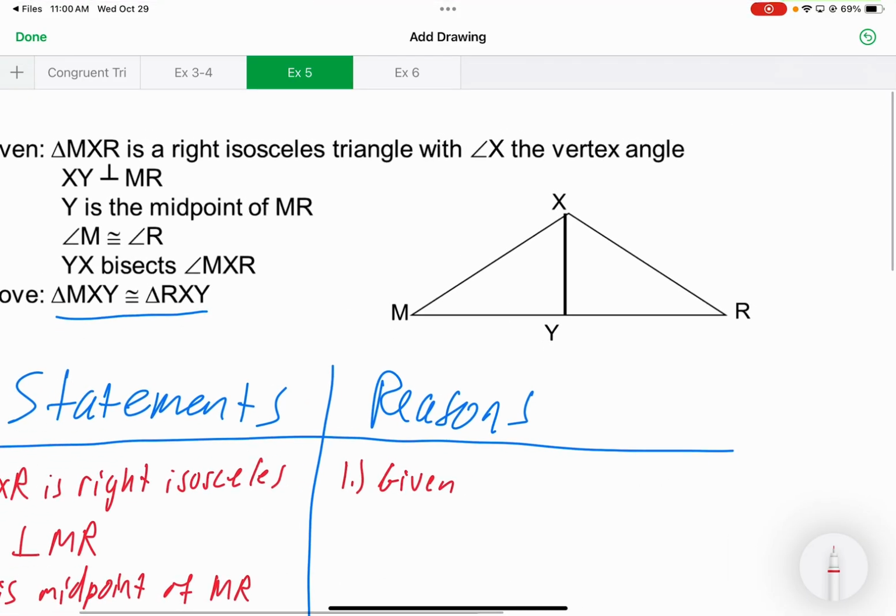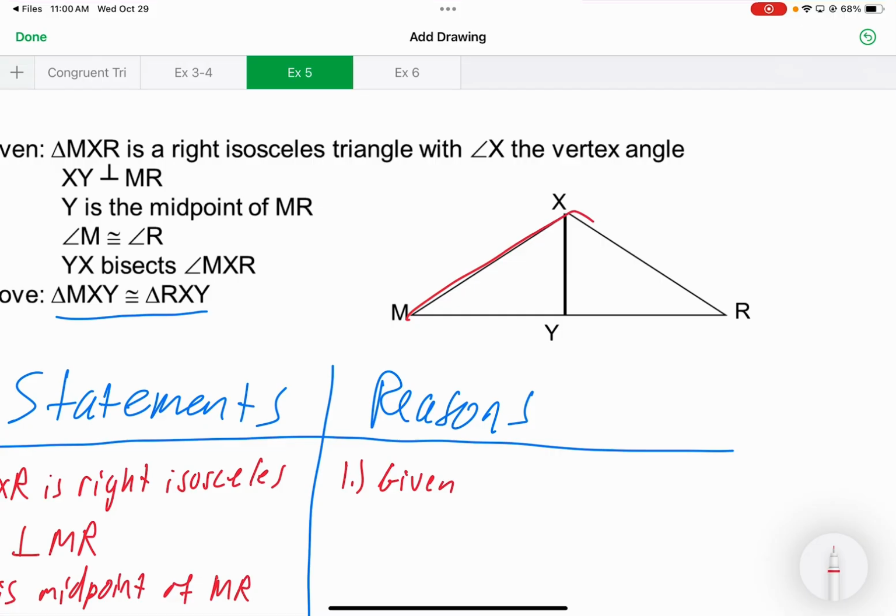Okay, so right isosceles. So what does it mean if a triangle is isosceles? Two of the sides are the same, which results in two of the angles being the same as well. So which two sides would be the same? Nope, not MY and MX.